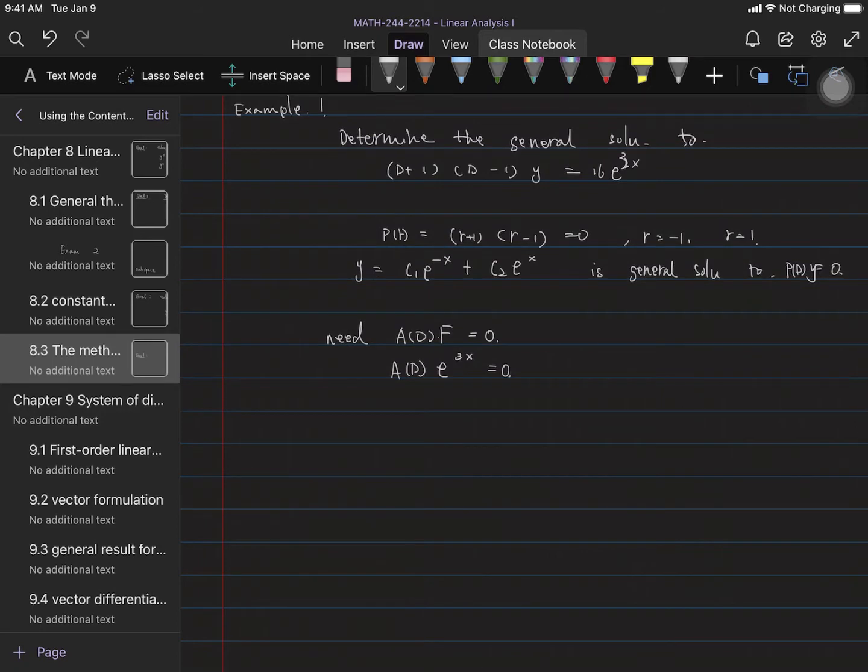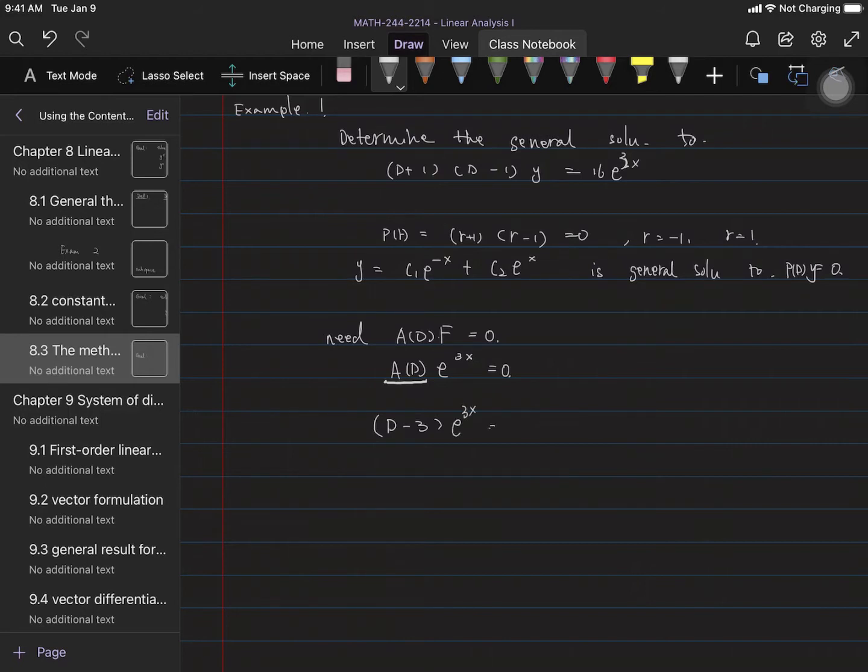Think about what operator can make e^(3x) equal 0. Think about D - 3. Don't worry too much. In the future, whenever we see e^(ax), we always use D - a. So (D - 3)e^(3x).